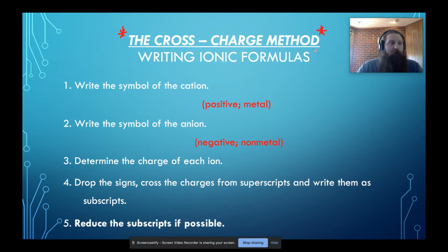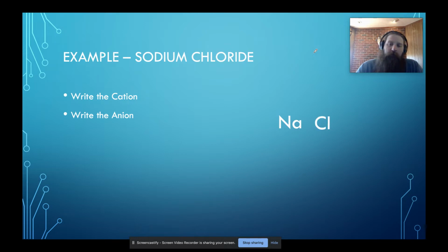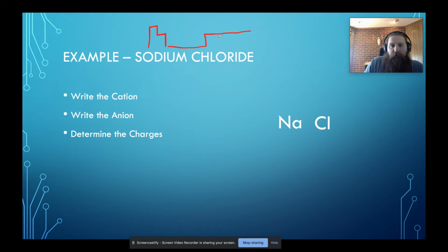So let's try one of those. We have sodium chloride. All right. So first thing I'm going to do is write the cation. That's sodium, Na. So write the symbol. Write the anion, Cl, chloride. Right? That's chlorine. Determine the charges. Okay, so remember on our periodic table, we have group 1 and 2, then we have the D block, and then we have the P block.